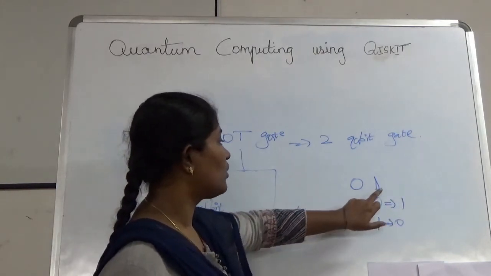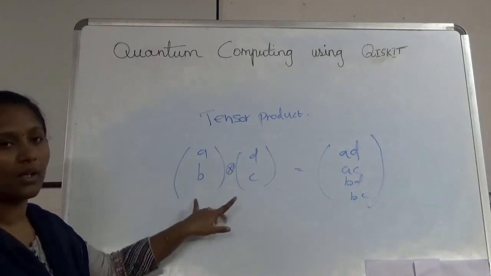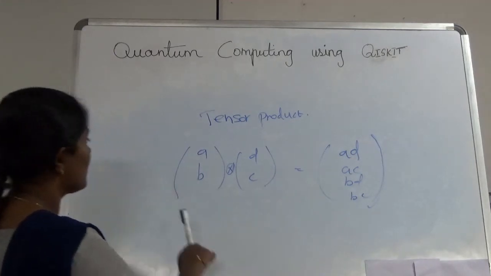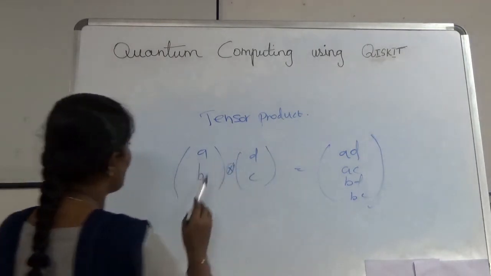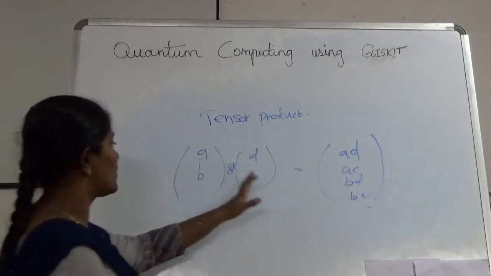This is not a matrix multiplication, it is different from matrix multiplication, where we multiply each element of this matrix to that matrix.